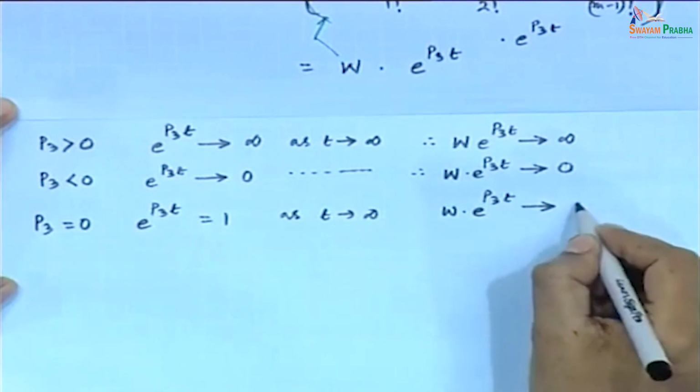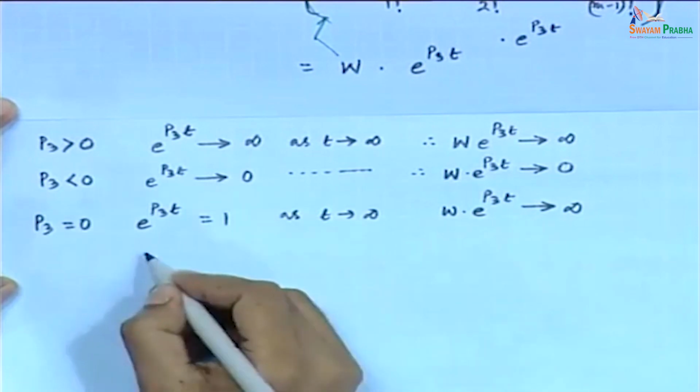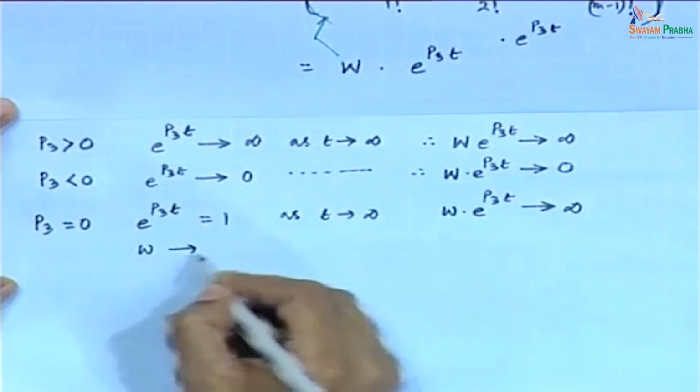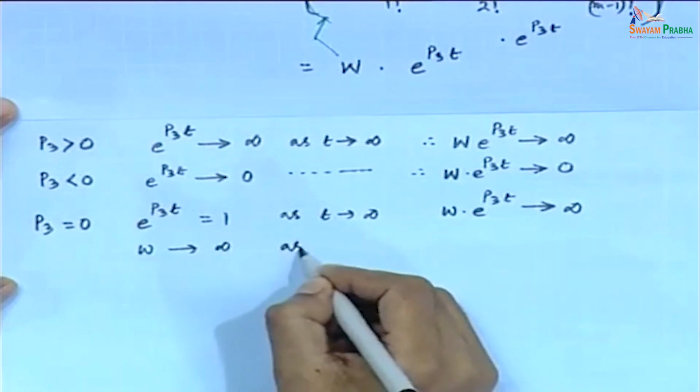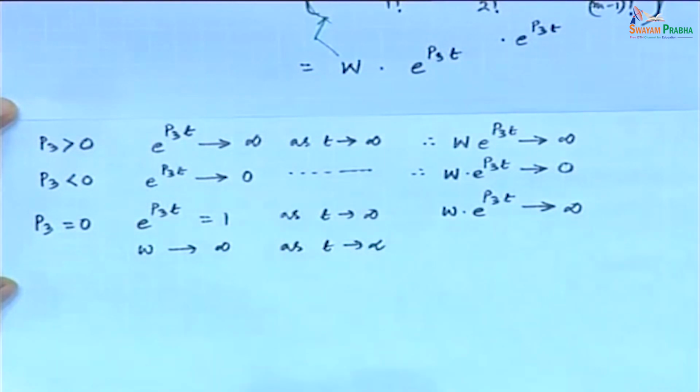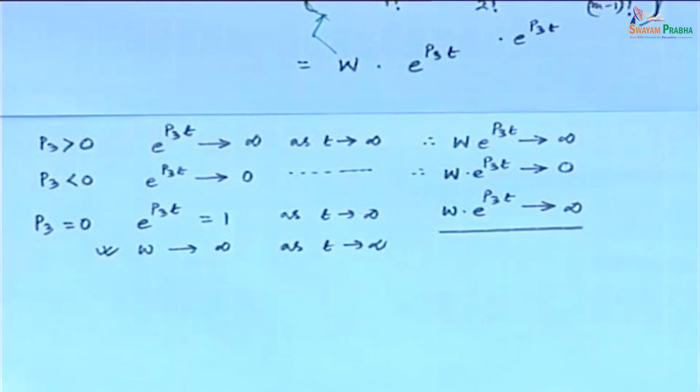It grows to infinity, due to this W, as t tends to infinity. Fine. So, these are basically the different real roots associated with a process and the stability of that process.